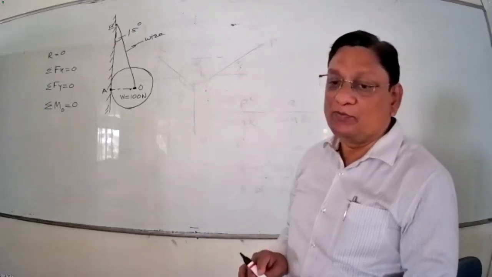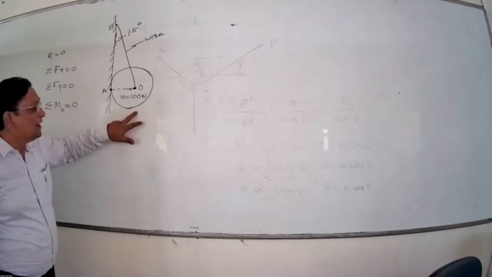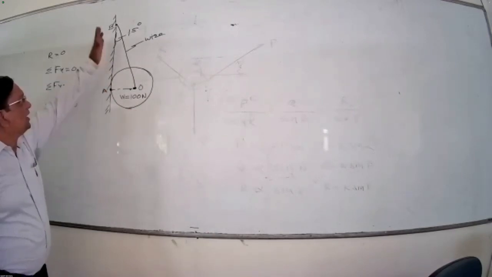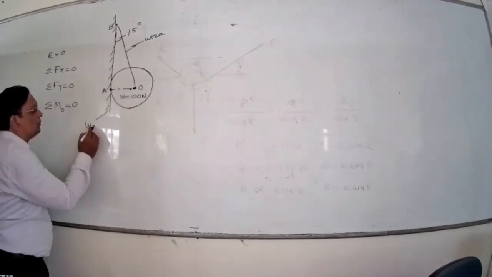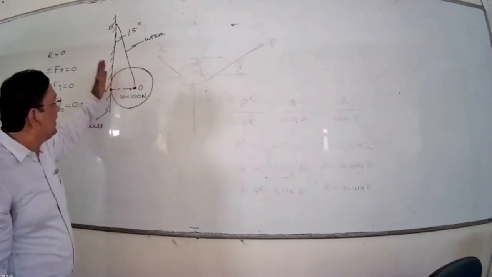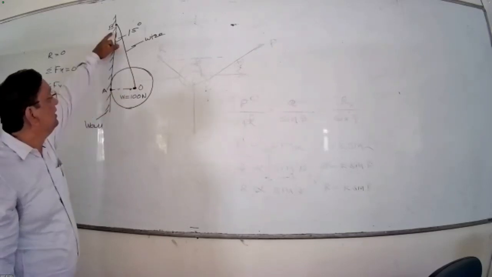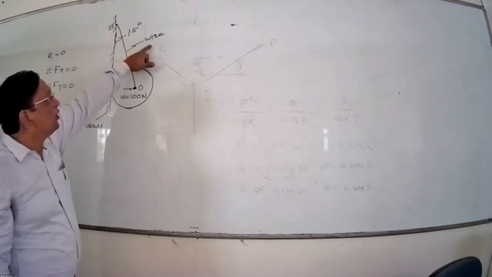Here what is given to you? A sphere of weight 100 Newton is given to you. It is supported against a wall. This is nothing but the wall. A sphere of weight 100 Newton is supported against a wall and connected by a cable. That OB is a cable or wire. I have written a wire over here.